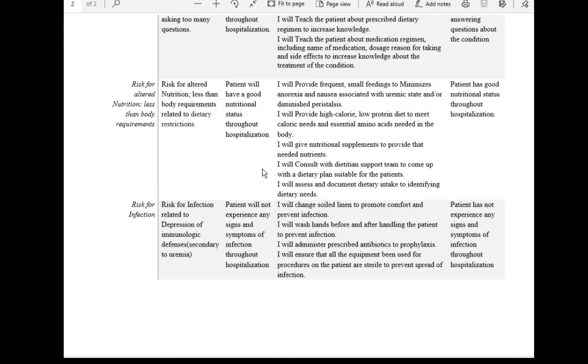So I will give with caution antibiotics such as amoxicillin for prophylaxis. Then our last point is I will ensure that all the equipment being used for the procedures on the patient are sterile to prevent introduction of infection.